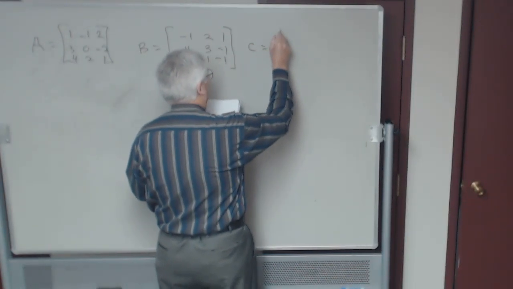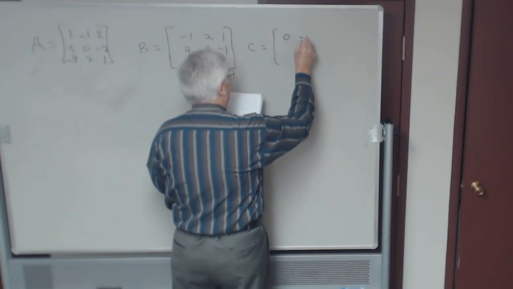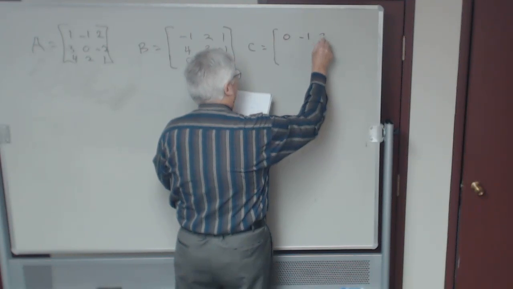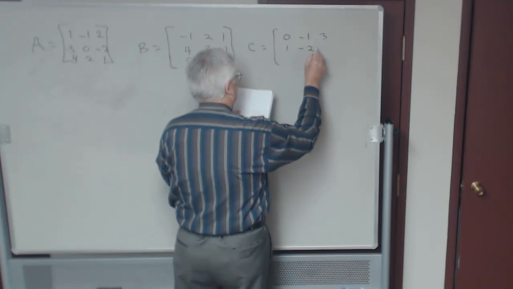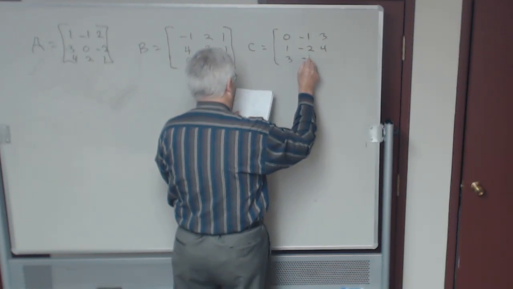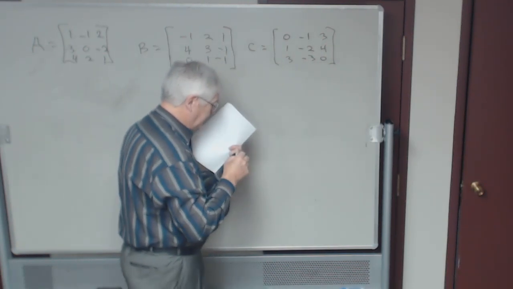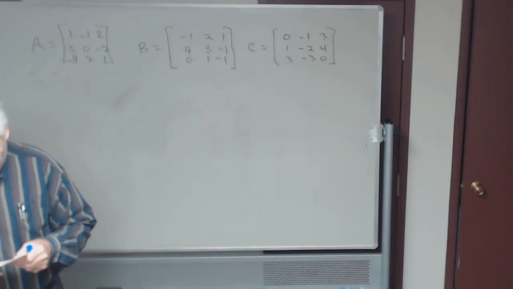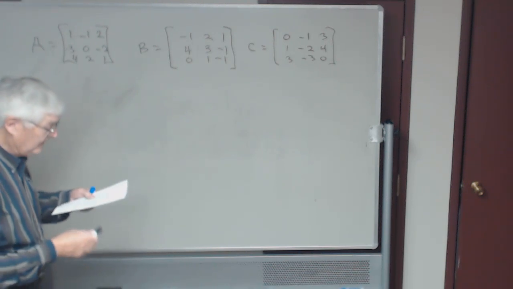It helps you fix this concept of matrices in your mind. 0, negative 1, and 3. And when you're teaching math to your little chippers in your class, having them copy stuff over like this really does help fix it in their head. Now, what are we going to do for problem number 8?